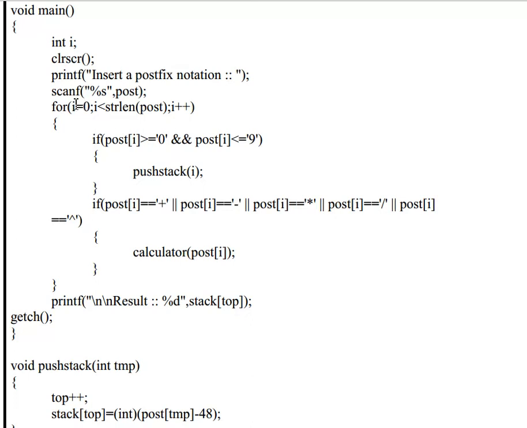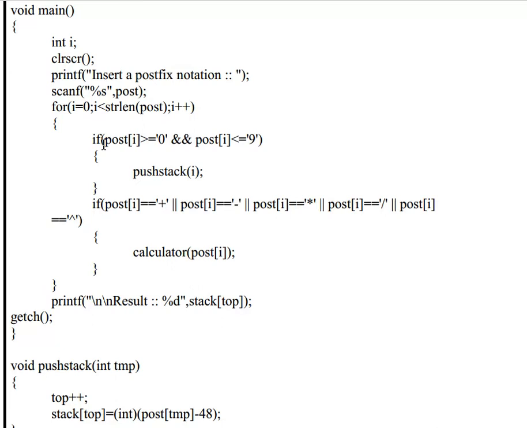Here for i equal to 0, that means we start with the first character of the postfix expression and go till the string length of postfix, which is given by the strlen function. So i starts with 0 and goes up to the end of the string length.